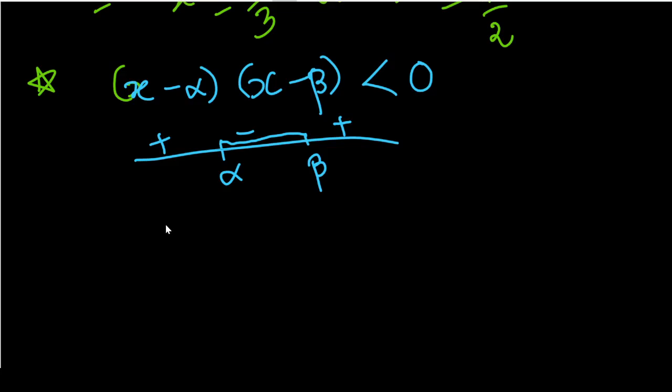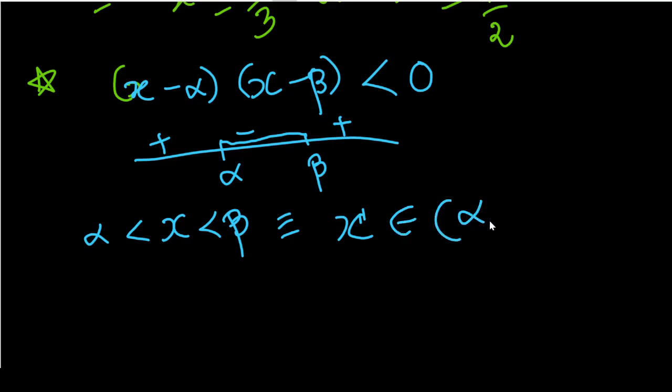So it means x is that is alpha to beta, that is the answer. Equivalently, in interval form we can write it x belongs to what? X belongs to alpha to beta open interval. Okay, this is another result.